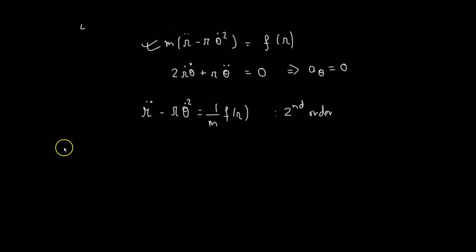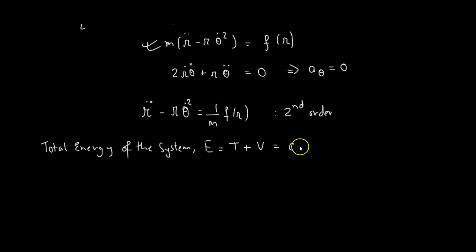So we begin by talking about the total energy of the system. The total energy of the system is E, which is given by the sum of kinetic energy and the potential energy. Let's say that this value is constant: T plus V is a constant. Now what is T?